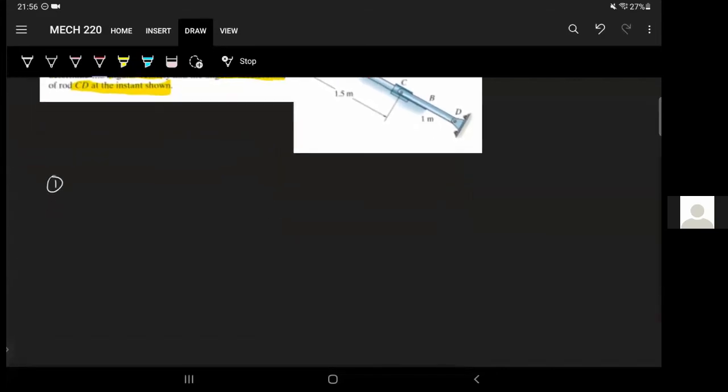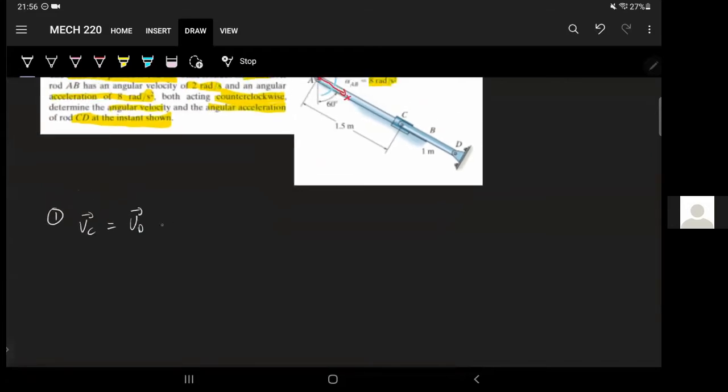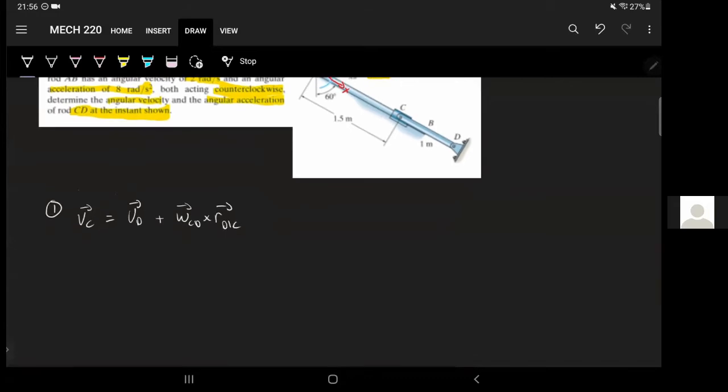All right, so I'm just going to remind you guys of the equations I'm going to be using. VC: if I want the velocity of C from point D, I would do VD plus the velocity coming from the angular component, omega cross r, plus V CD, sorry, it's CD not DC, coming from the rotational frame.